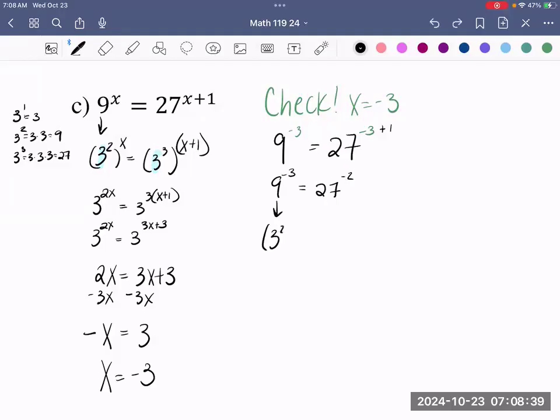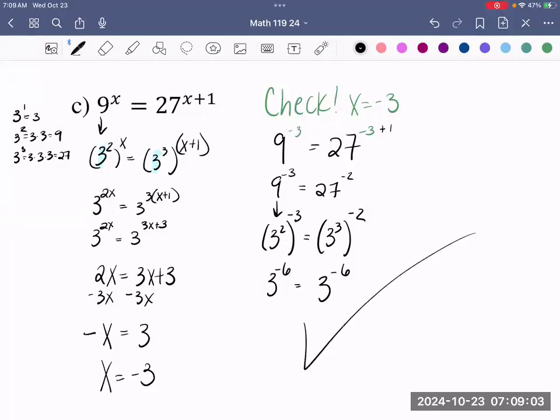So on this side, rewriting 9 to say 3 squared to the negative third, we now have 3 to the negative 6. And on the other side, if we were to do the exact same thing, 27 is really just 3 cubed to the negative 2. Therefore, we have 3 to the negative 6, which again, as long as they are the same exact statement, these are going to come out true.